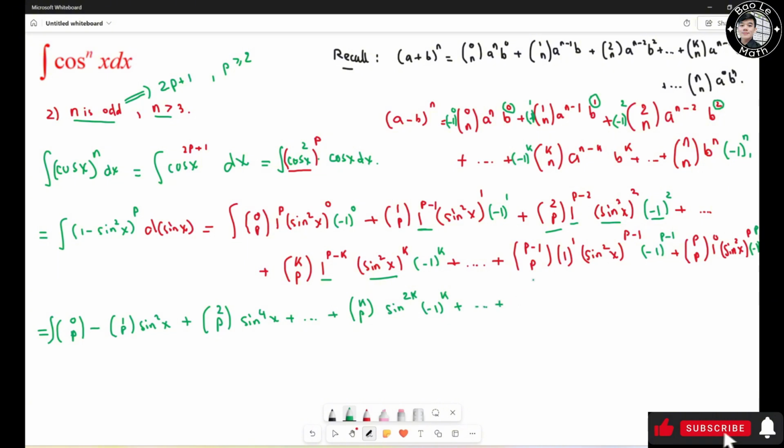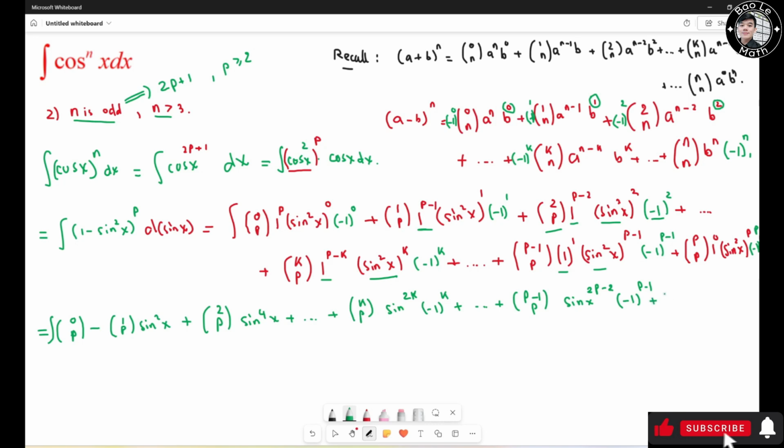Plus the last two terms. The combination of p minus 1, p. This equals 1. This equals sine to the 2p minus 2 of s, right? Times negative 1 raised to the p minus 1.